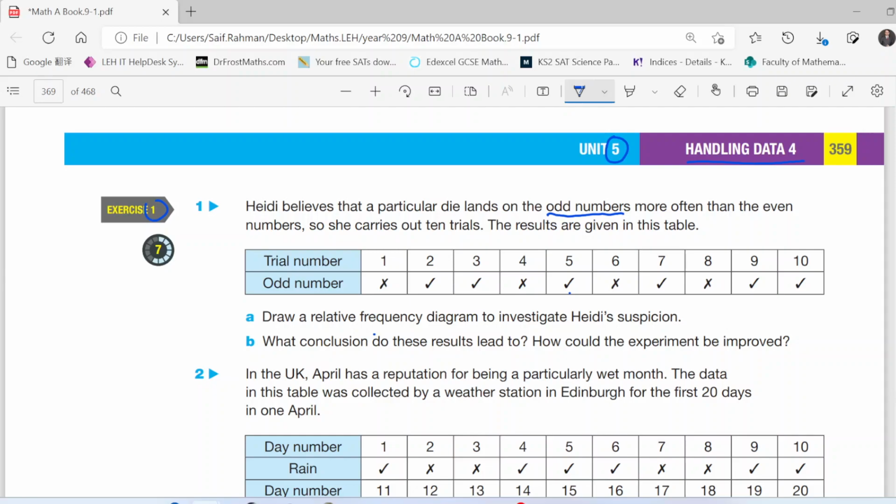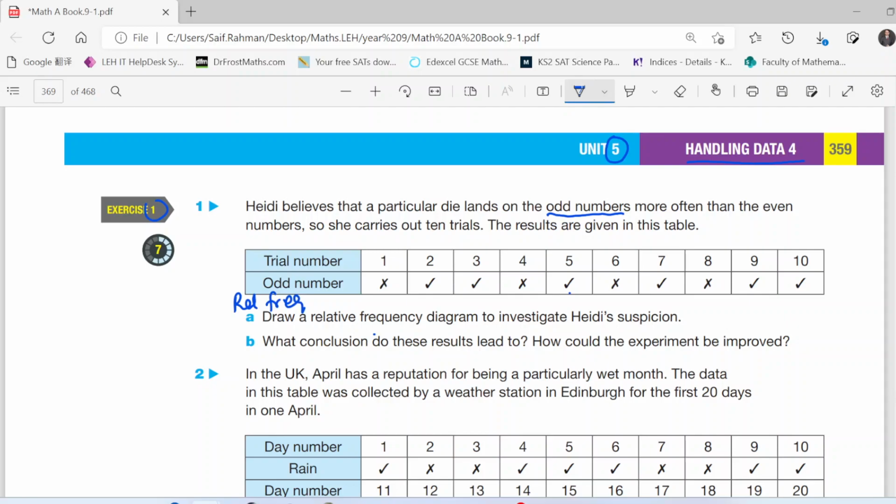The results are given in this table. This is the trial number from 1 to 10, and it landed on an odd number these many times. Where there's a tick, it landed on an odd number; where there's a cross, it did not. So you have to work out the relative frequency as well.